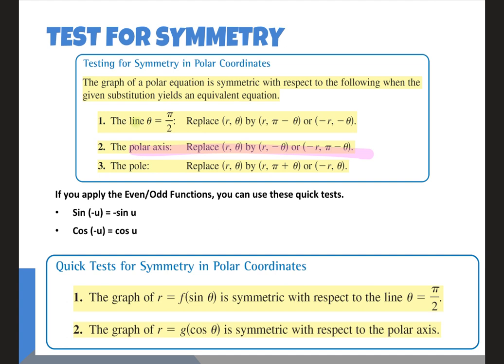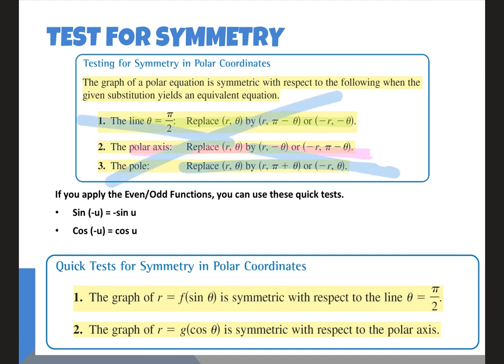If it's y-axis symmetry, then if I plugged in a negative x, it went back to positive x. For the pole, if I replaced r with a negative r and theta with a negative theta, then it would go back to normal.